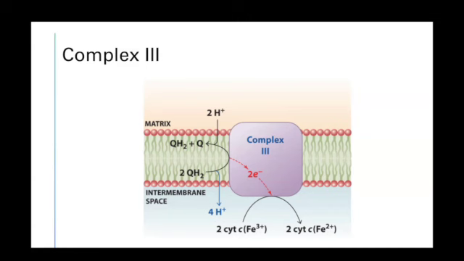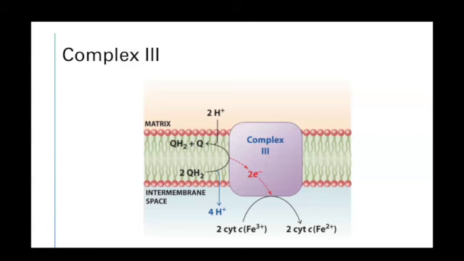So that cycle is going to be repeated for each molecule of ubiquinol, and then each cycle is repeated 2 times again. So the overall reaction is we have 2 ubiquinols dropping off 2 electrons each. So we have 4 electrons. And then those electrons get transferred onto 2 cytochrome C. Iron 3+ gets reduced to iron 2+.